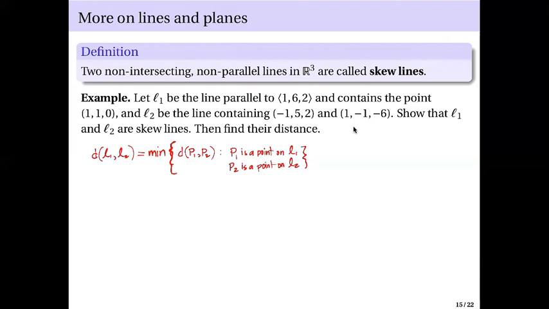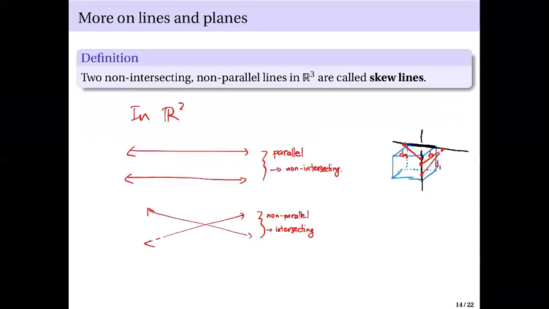But there is an easier way. For skew lines, there's a very good way to determine the distance. If we look at this again, what you can do is get a plane containing this line here.